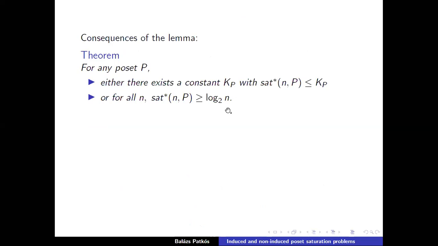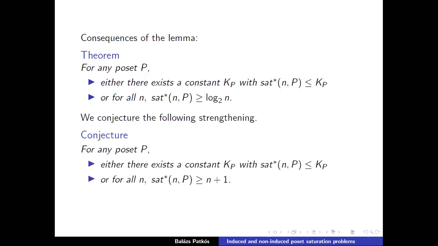So no matter what your favorite poset p is, it cannot happen that the order of magnitude of the induced saturation function is, say, log n or inverse Ackermann or anything like that. It always has to be at least log of n. And actually what we conjecture, which is far from truth, is that either the induced saturation function is a constant or it's at least linear.